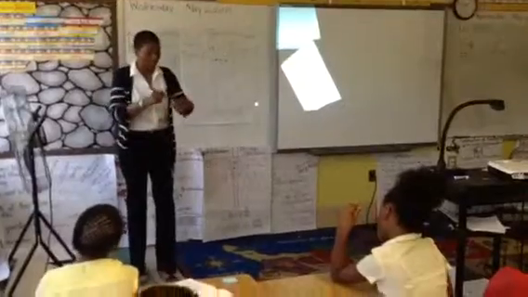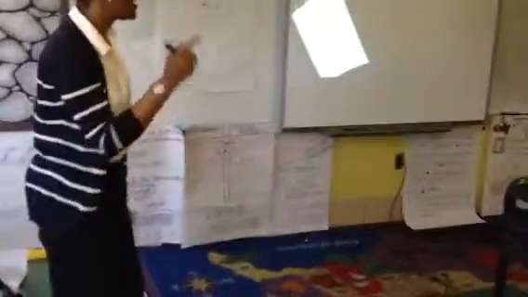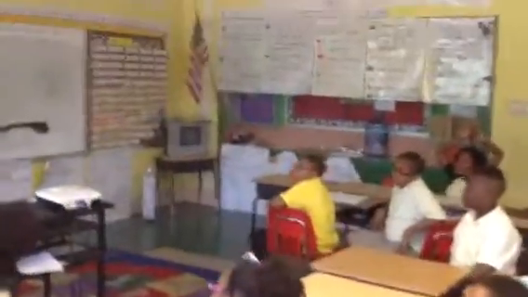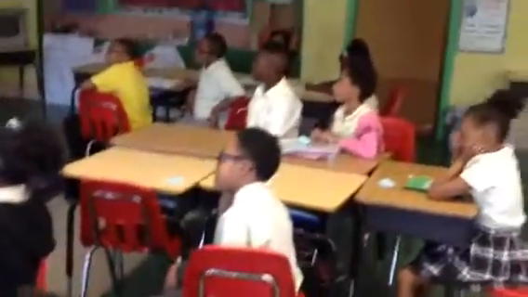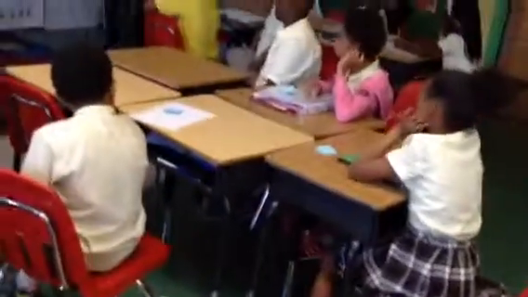So, we just said that the angle that I wrote on the board was not a right angle. So what kind of angle is that again, Mr. Faison? The angle that I wrote on the board. We're comparing it to the right angle. So you have to tell me, this angle is less than what? Than the right angle. Exactly.